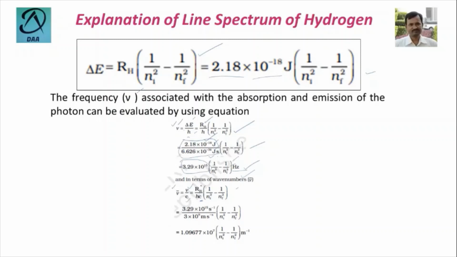If you put in the values, with the speed of light 3 multiplied by 10 to the power 8 meter per second, then simplifying the first part, the final result is 1.09677 multiplied by 10 to the 7, multiplied by 1 by Ni square minus 1 by Nf square. The unit is meter to the power minus 1.